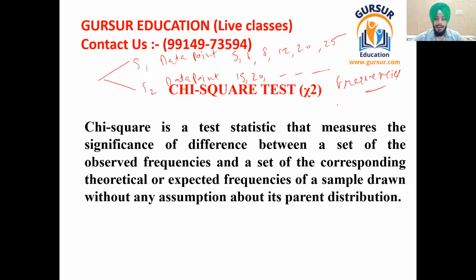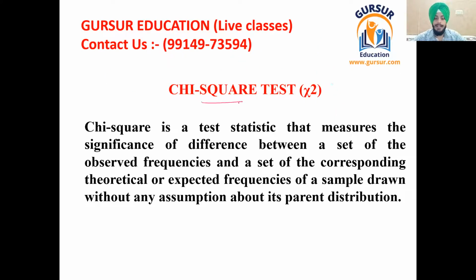Okay, so this is the test which compares the set of observed frequencies, which you find by applying the formula of a chi-square test, and the set of corresponding theoretical frequencies which are already given, which are available as per the sequence of a chi-square test.